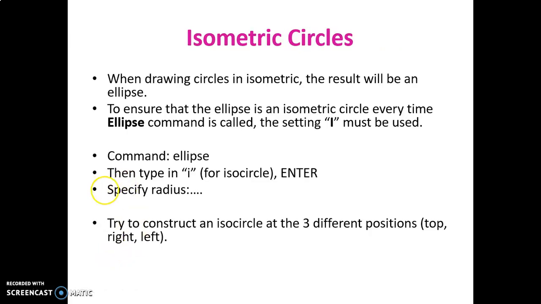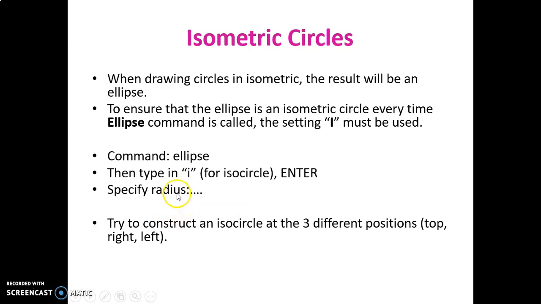You can do it on your AutoCAD. When drawing circles in isometric, it will not form a perfect circle. It will result in an ellipse because it is in the 30 degree form. To ensure the ellipse is an isometric circle every time, use the ellipse command and type I for iso circle, then press enter.